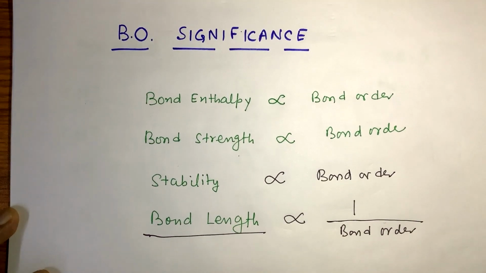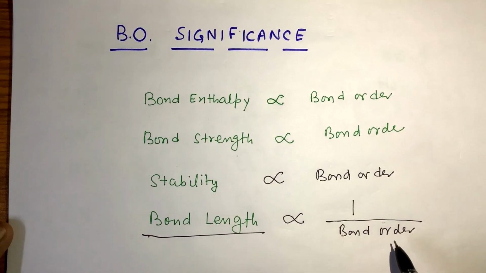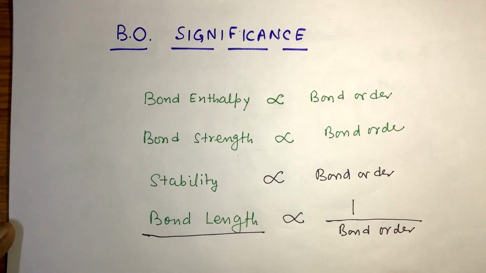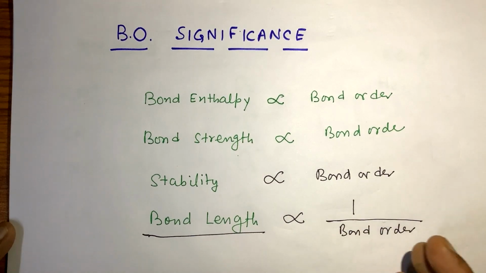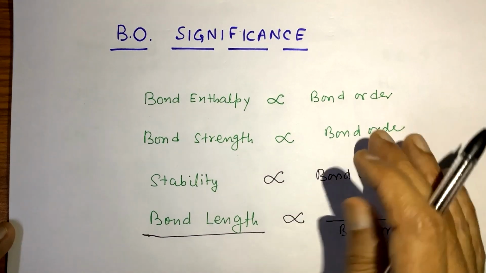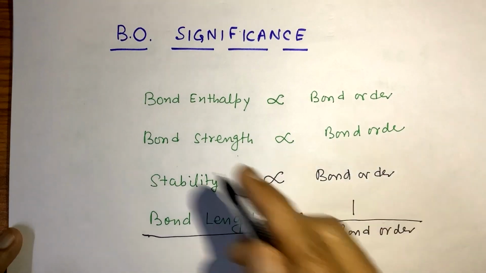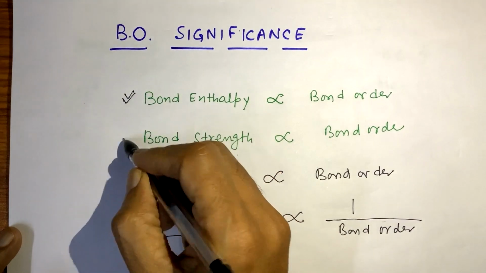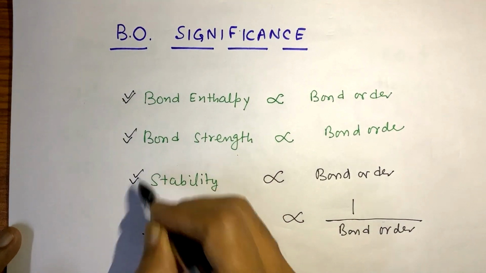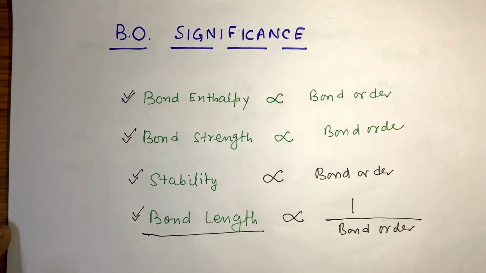So these are the 4 relations, and if we are asked any of these properties of given molecules, then we can calculate bond order, and according to the order of the bond order of those molecules, we can determine the order of these properties.